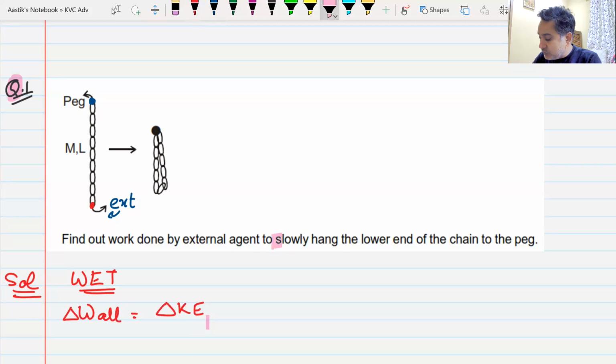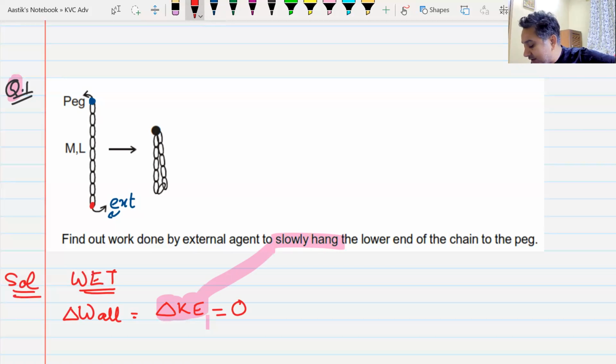Whenever it says slowly hang, that means the change in kinetic energy is 0. Now work done by all forces is equal to 0.